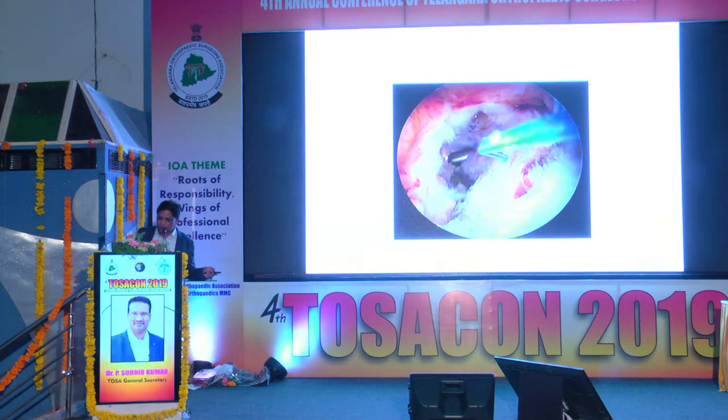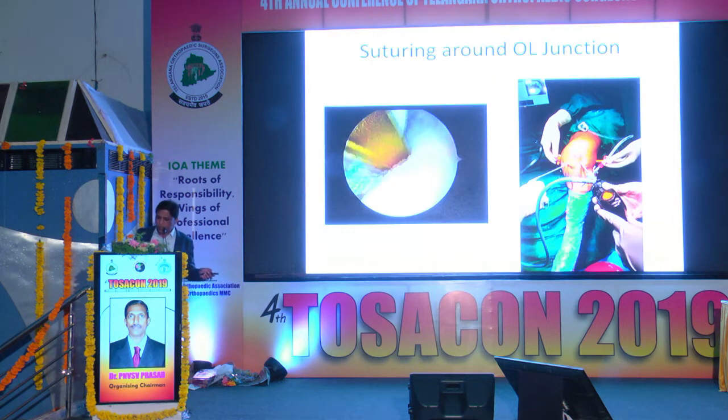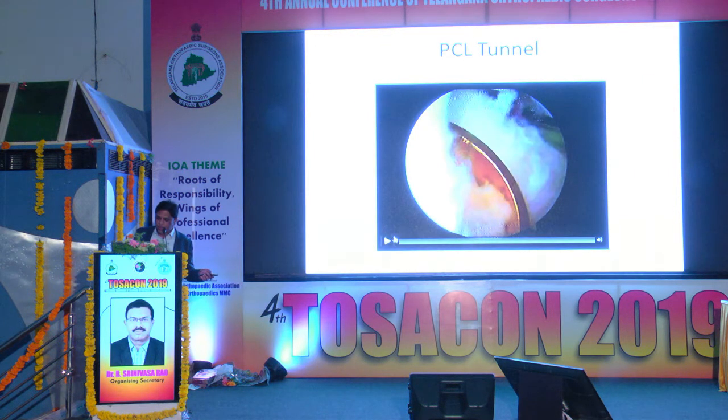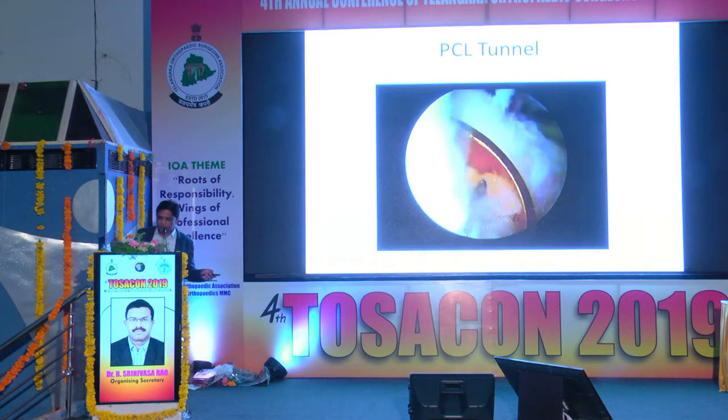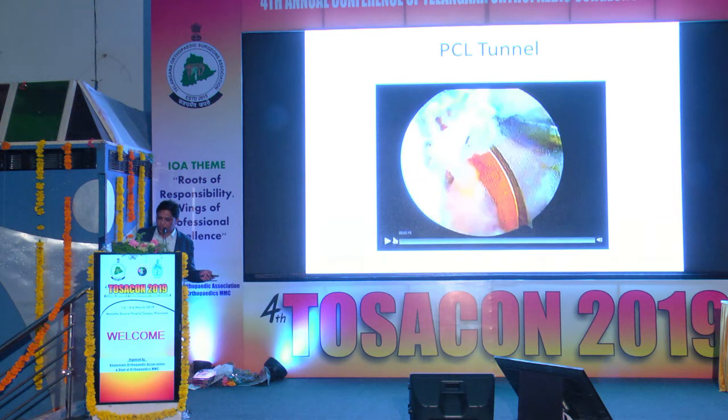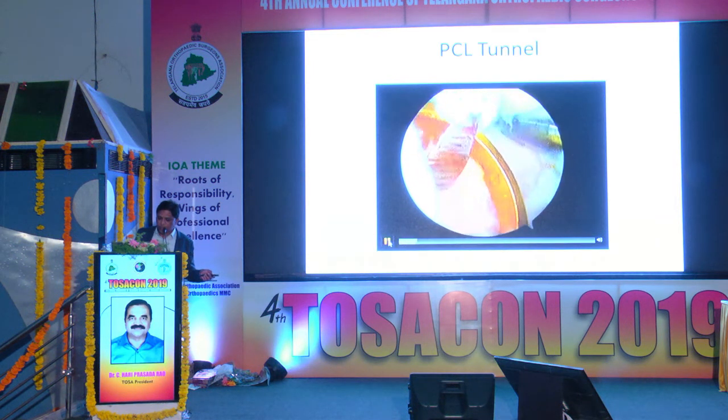So this is passing the suture through the osteotendinous junction, and then parking these sutures anteriorly inside the intra-articular side, and then osseous drilling. This is a K-wire. Then over this I will make a small tunnel.